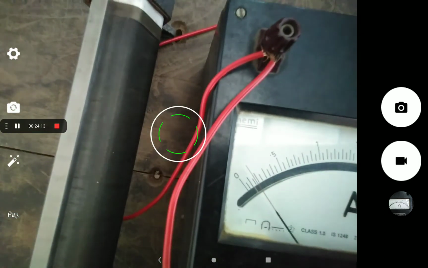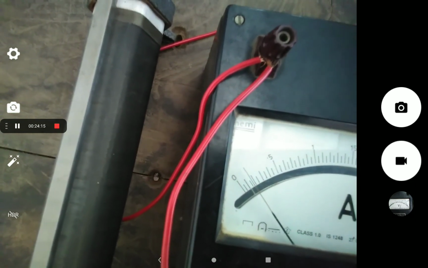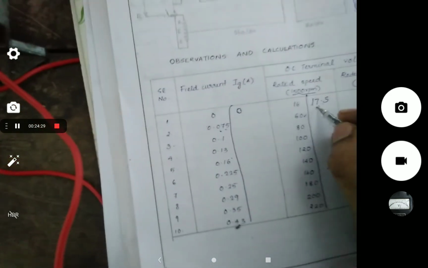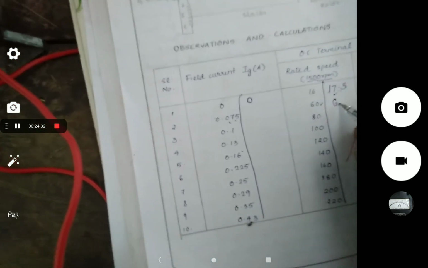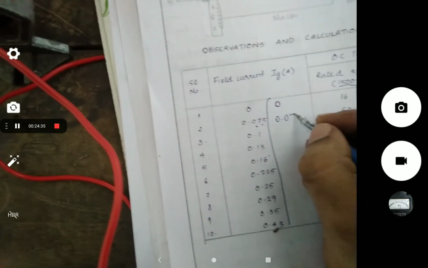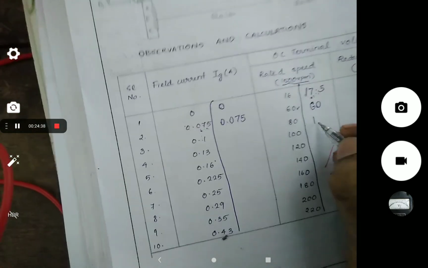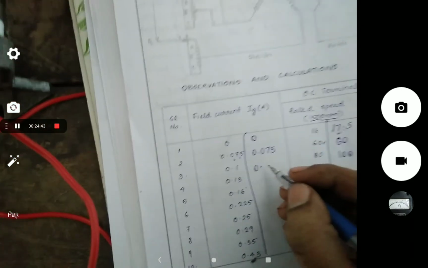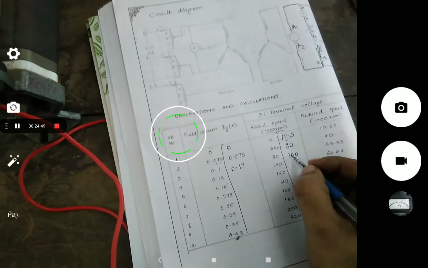Then you can see your current is 0.17. So you have got 17.5 as the first voltage, then for 60 you will get 0.075, then for 100 you have set 100, for that it is 0.17. Okay, so this is your current for 100 volts.